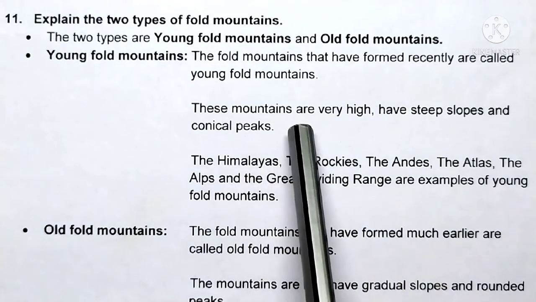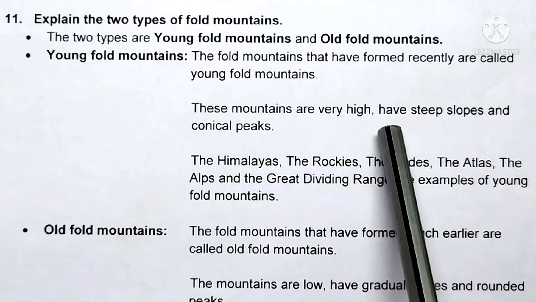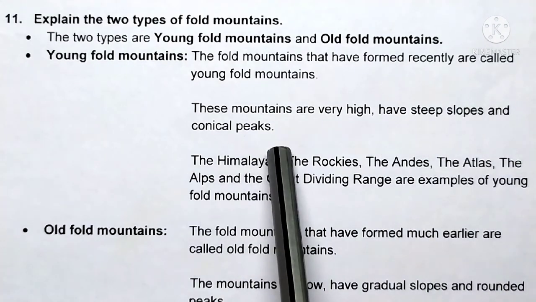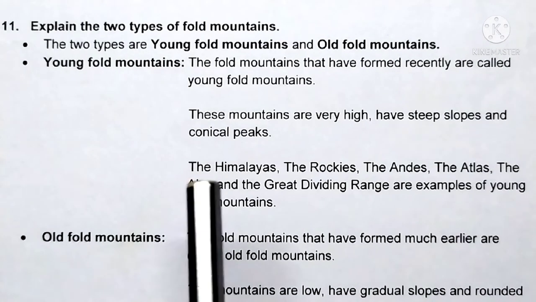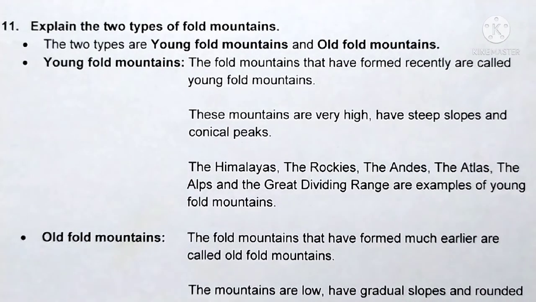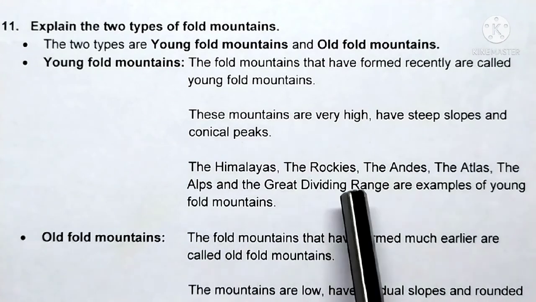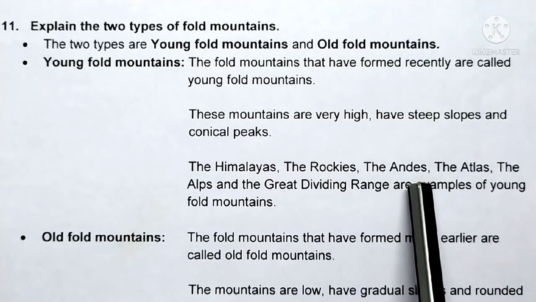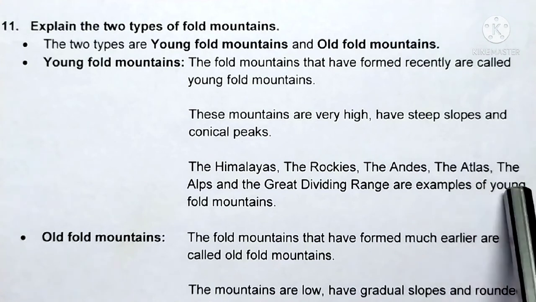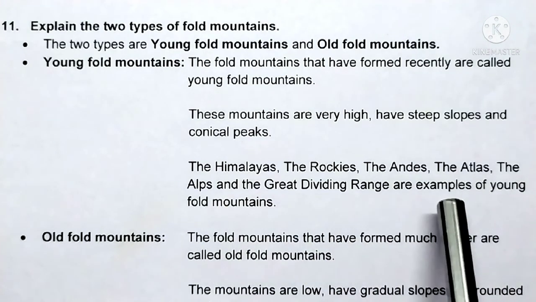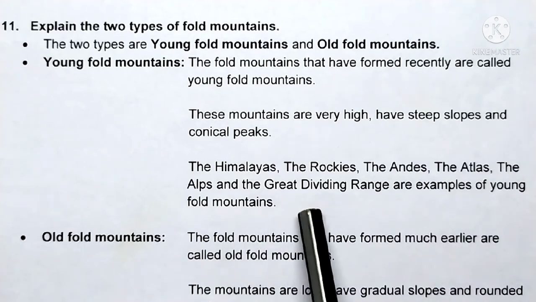These mountains are very high, have steep slopes and conical peaks. The Himalayas, the Rockies, the Andes, the Atlas, the Alps and the Great Dividing Range are examples of young fold mountains.